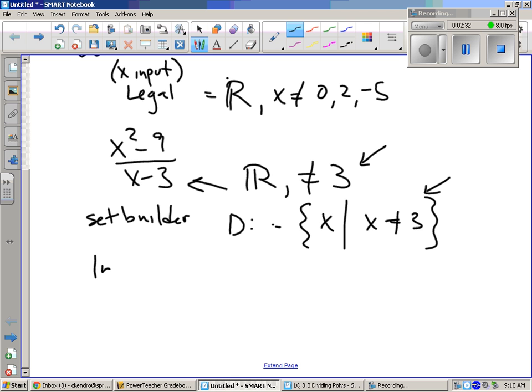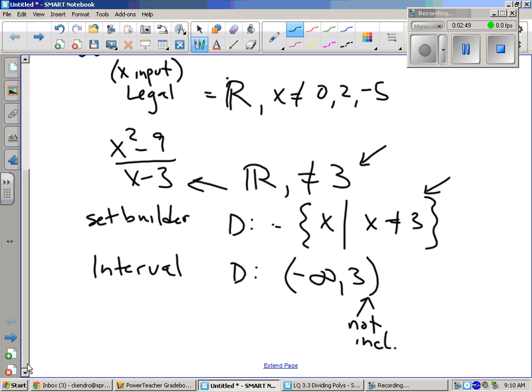They also might put it in interval notation, which would be domain, and then parentheses. So it can be everything but 3. So it can go from -infinity to 3. This means not including 3. And then you say union, that's kind of a capital U. In other words, also it goes from 3 to +infinity.